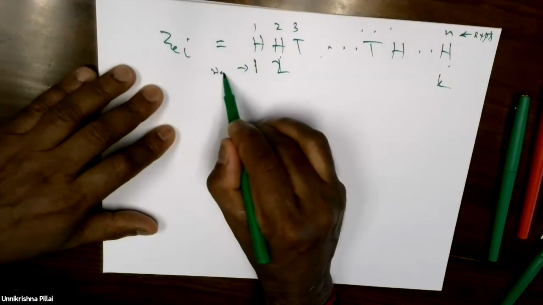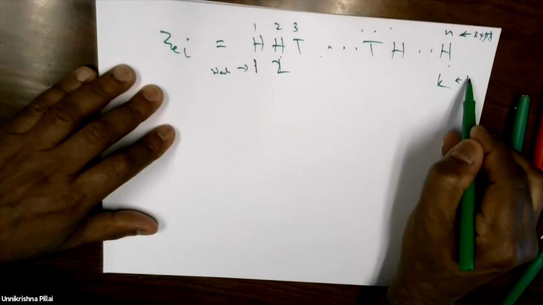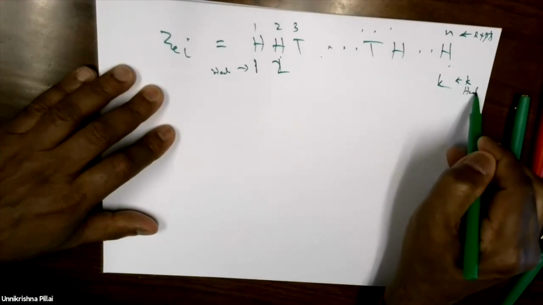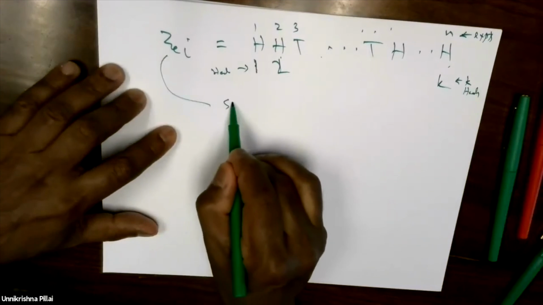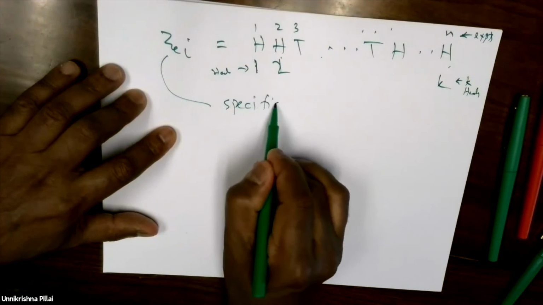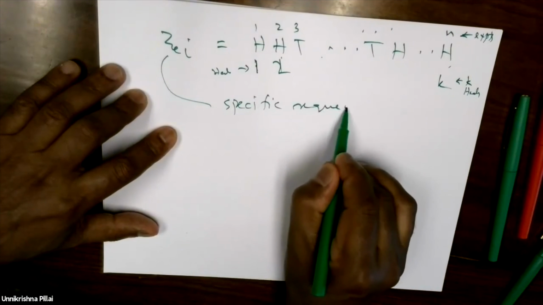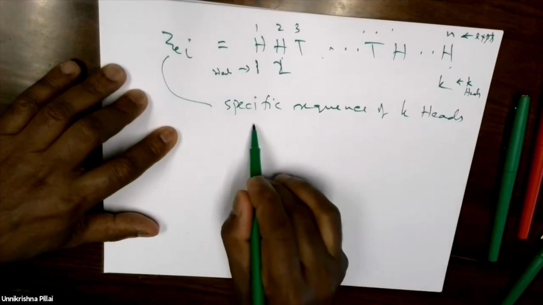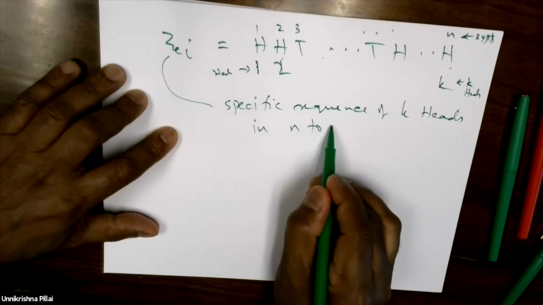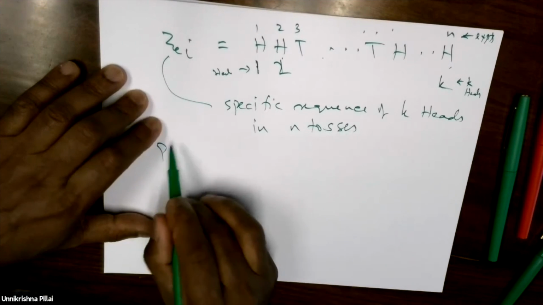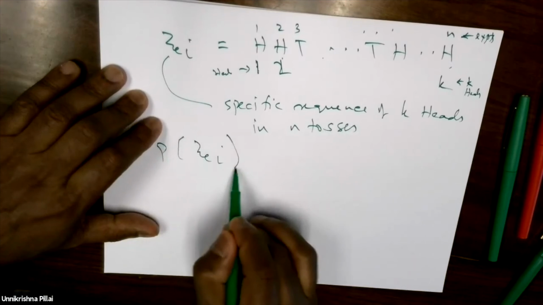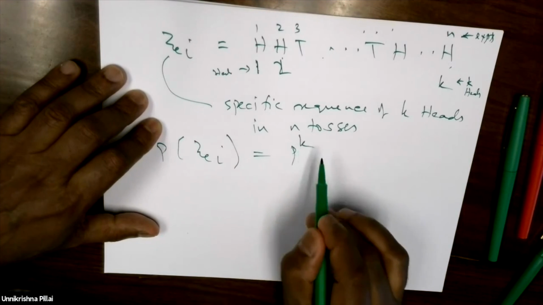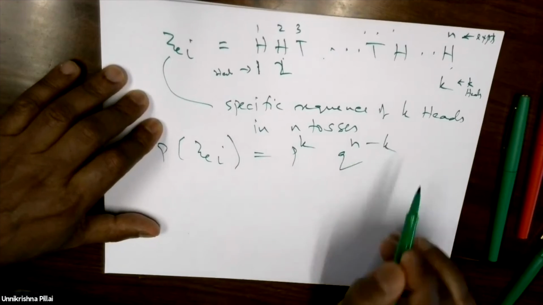These are the heads, 1, 2, 3, etc., K heads. So what you see here is a specific sequence of K heads in N tosses. And if the tosses are independent, what we have figured out is the probability of the specific sequence is p to the power k, q to the power n minus k.